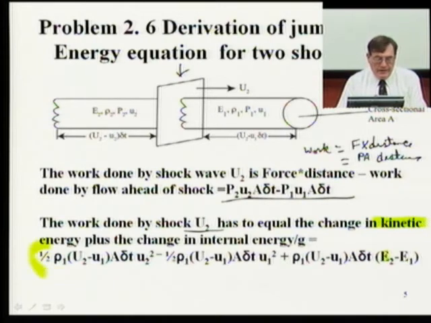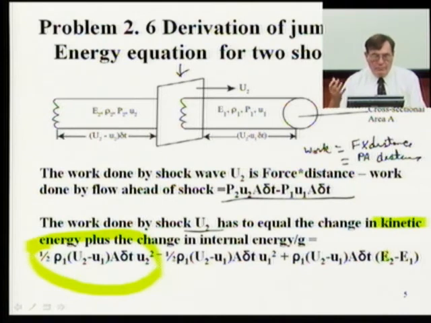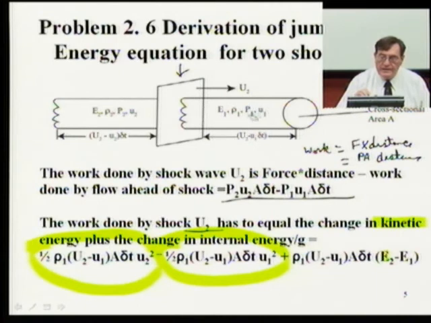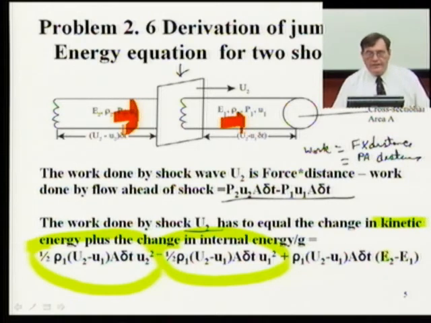This is the kinetic energy of the mass behind the shock front, or the shock 2, and the material ahead of it is going at u1 squared, or u1 velocity, so that has a kinetic energy. There's a kinetic energy in the flow ahead of the shock, and there's a kinetic energy in the flow behind it, and therefore they have to add up.